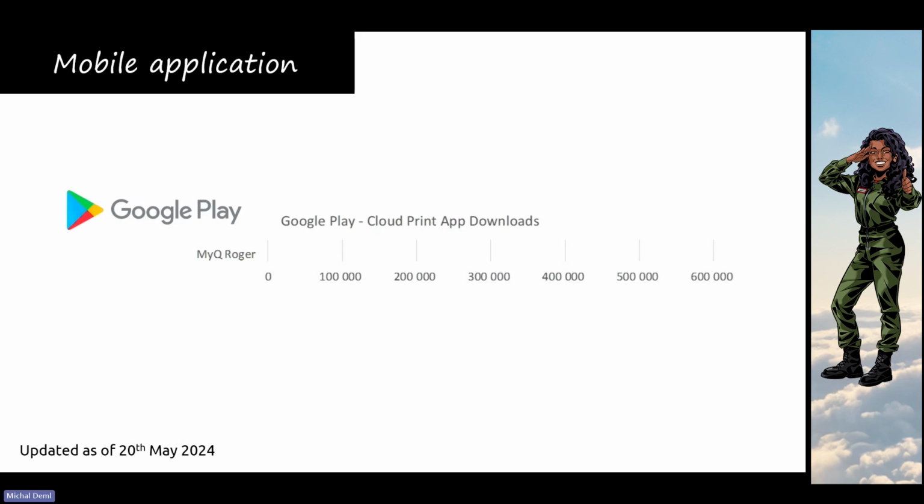Someone might be complaining that they are not able to use the mobile phone in their office, but actual statistics from Google Play say otherwise. At the moment we're talking about a little bit over 500,000 downloads, which, compared to the previous year, is a large increase in the number of used applications of MyQ Roger. So I believe that not being allowed or not being able to use a mobile phone doesn't really apply. It just depends on the organization.